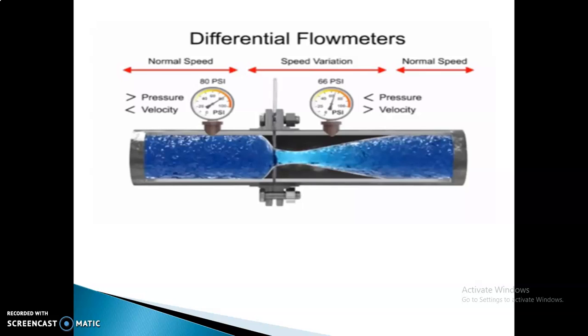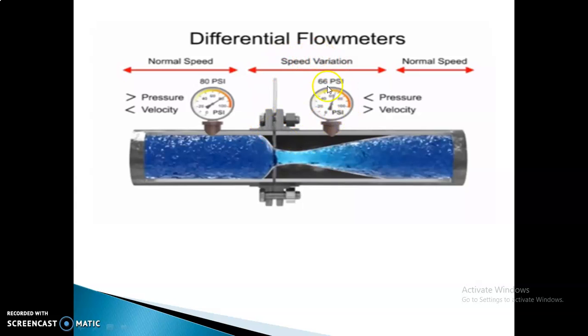When you look at the diagram, this is how your orifice meter inward and outward path looks if it is placed in an industry. There is a flow path, convergence and divergence. You have two pressure gauges. This is a normal speed.